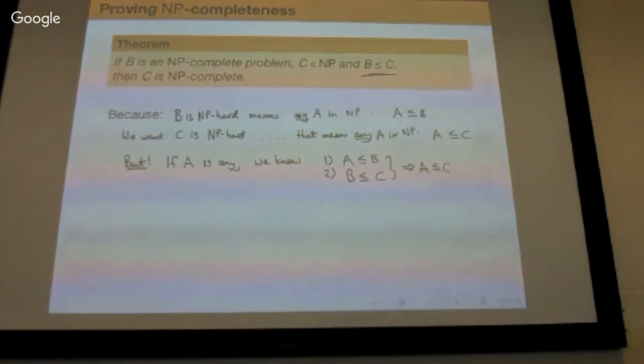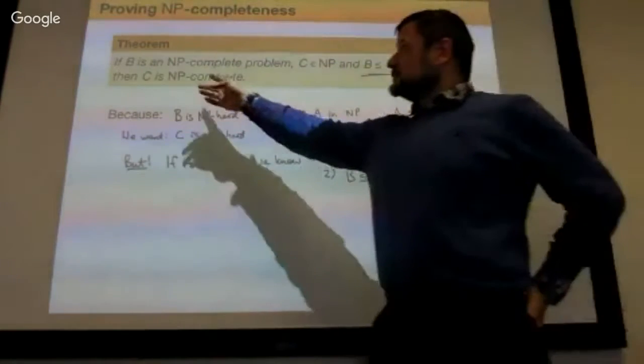This is the idea of how you can now prove many problems are NP-hard, hard to solve, unless we've all been stupid and not found the obvious polynomial time algorithm. But again, the idea is you already have one to start with.